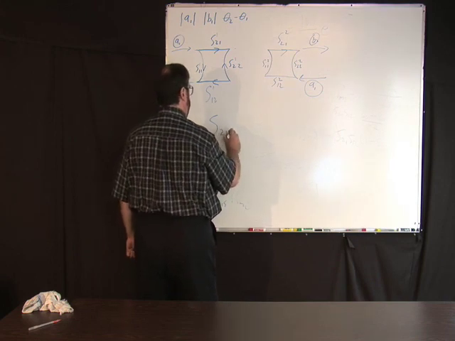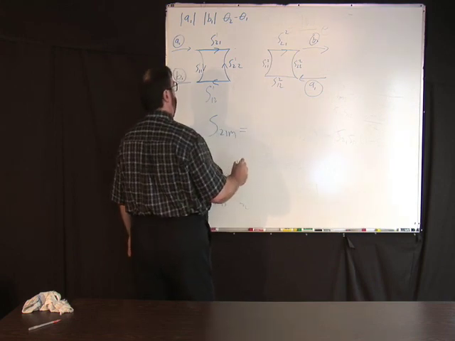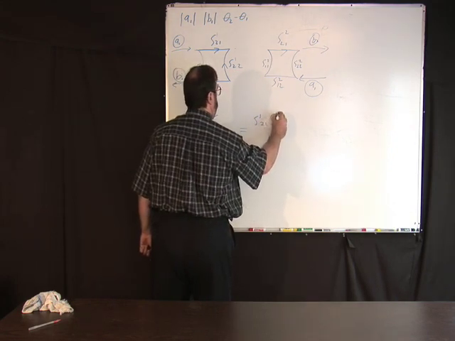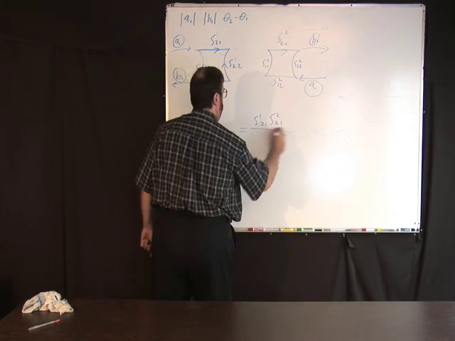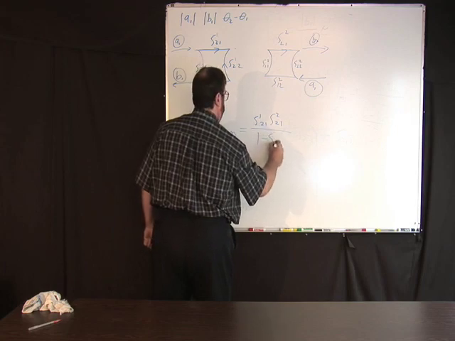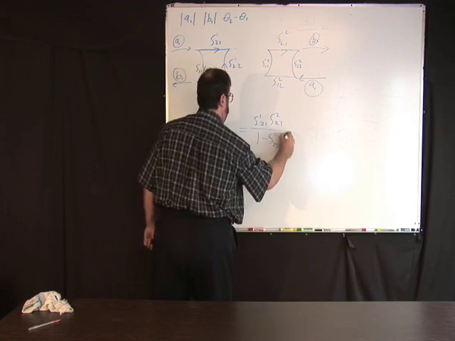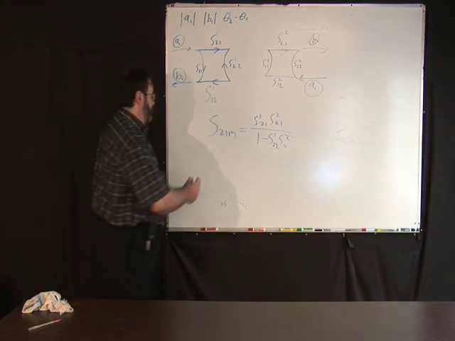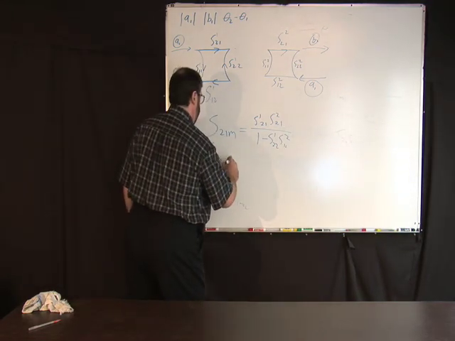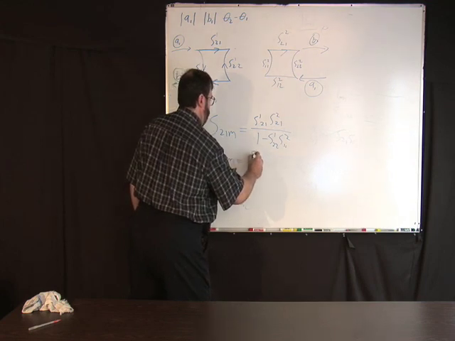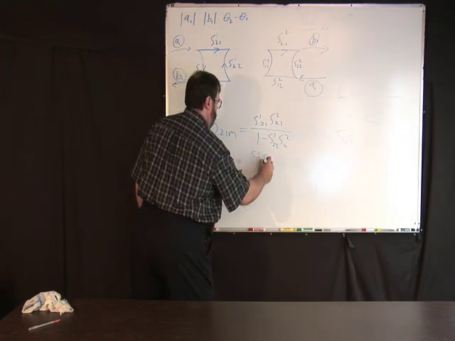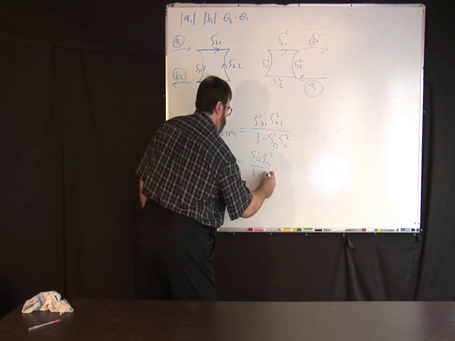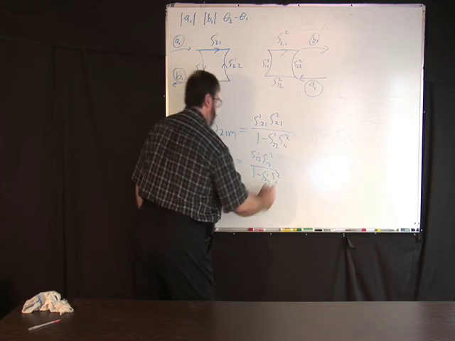S21 measured is going to be S121 S221 over 1 minus S221 S112. Okay. Similarly, S12 measured equals S121 S122 over 1 minus S221 S112.